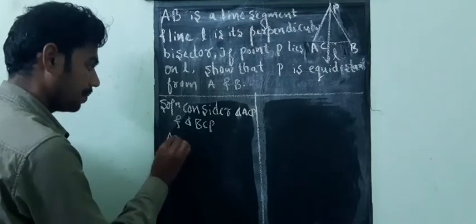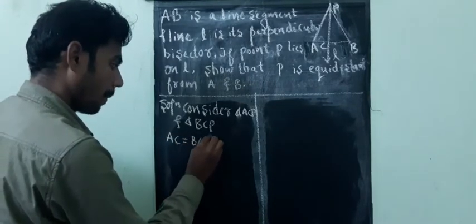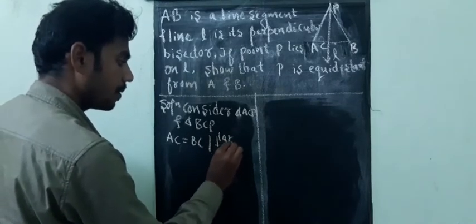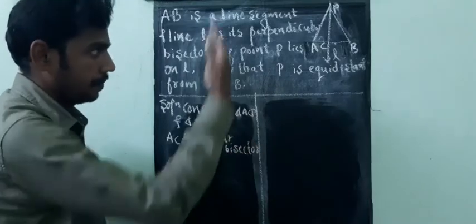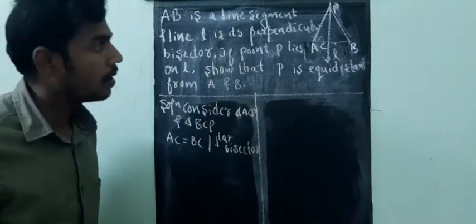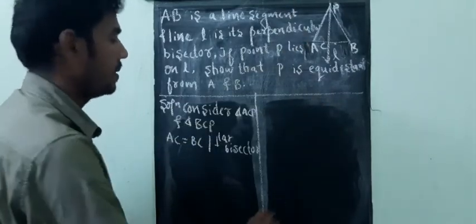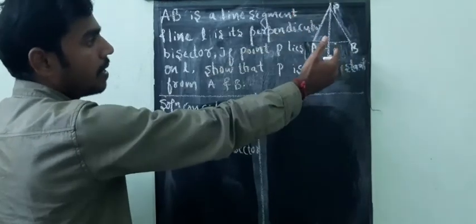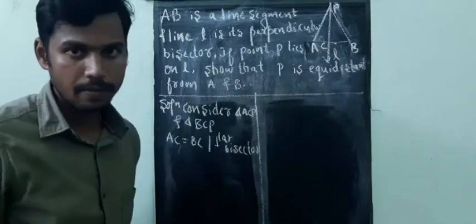AC is equal to BC because of perpendicular bisector, because line L bisects AB. See, line L bisects AB, because of that AC will be equal to BC.